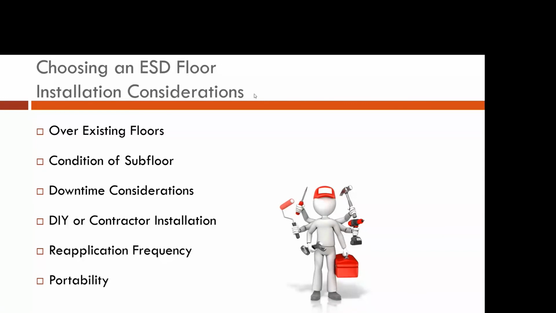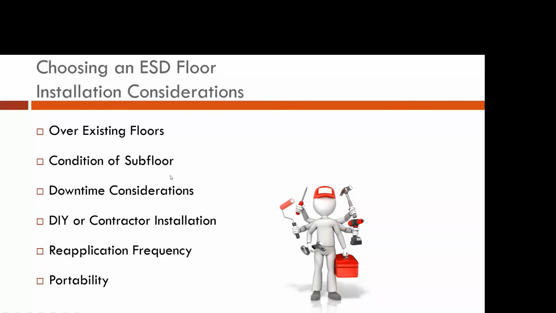So all of these various considerations have to be considered, for lack of a better term, when looking at why you would choose the ESD flooring that you're choosing. So again, now we're talking about the ESD requirements. Now we're talking about the installation considerations and requirements and workarounds or work-throughs.